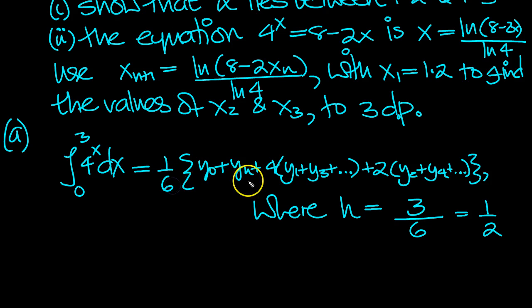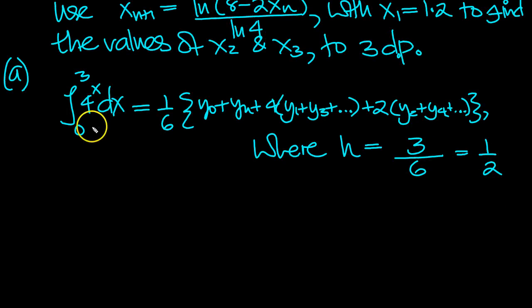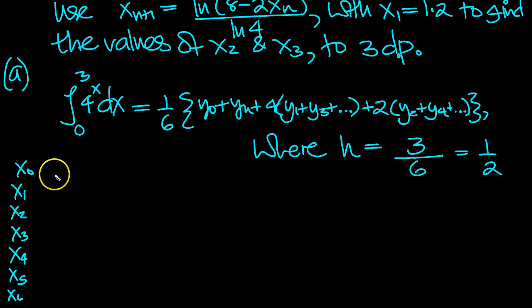And then we just need the y ordinates, don't we? We know it goes up by half, and it goes from 0 to 3. So x0, x1, x2, x3, x4, x5, and x6. We start from 0, going up in halves: 1, 1.5, 2, 2.5, and the last one is 3.